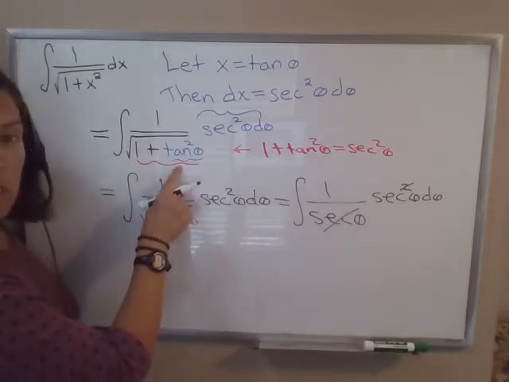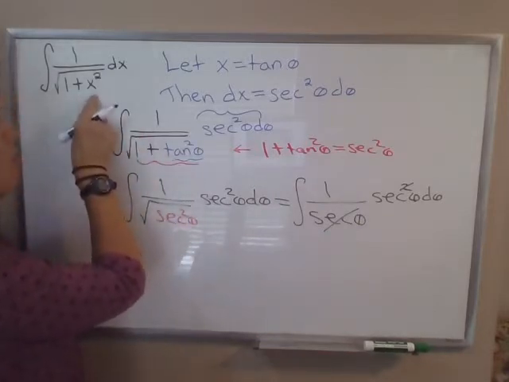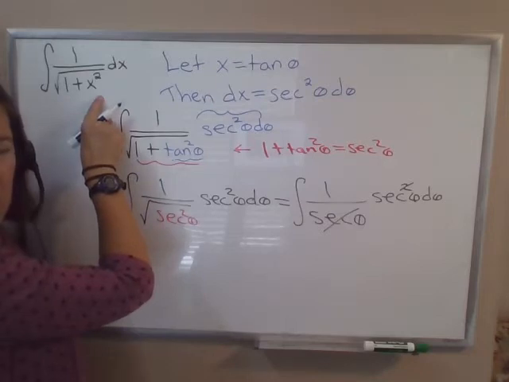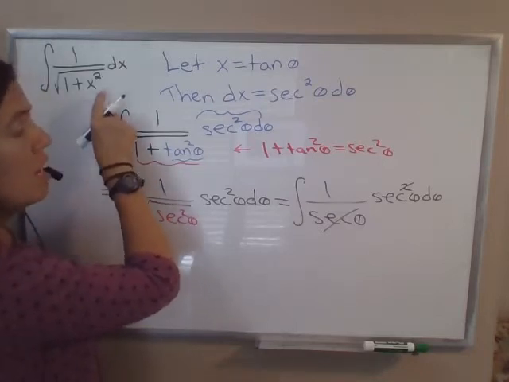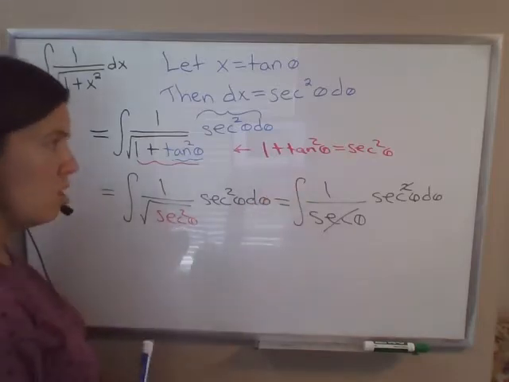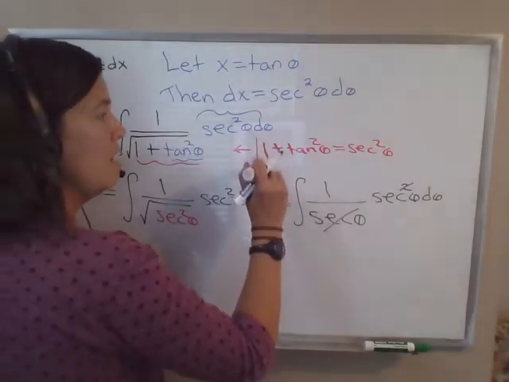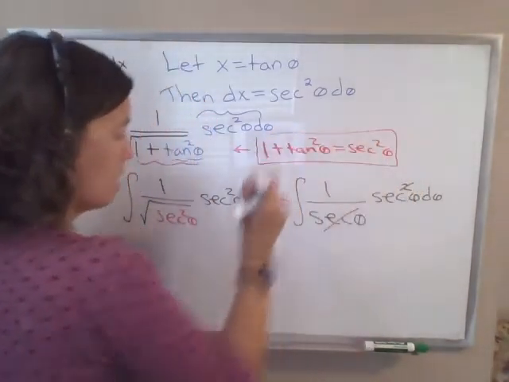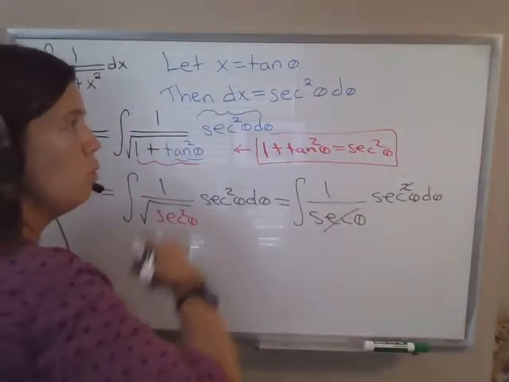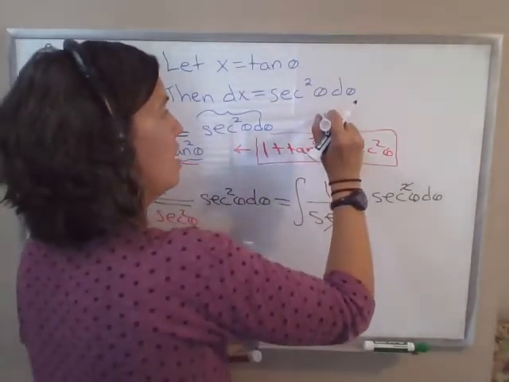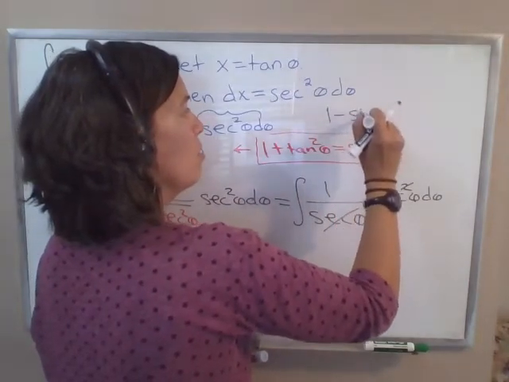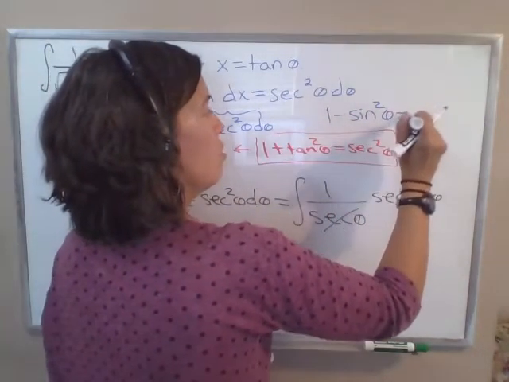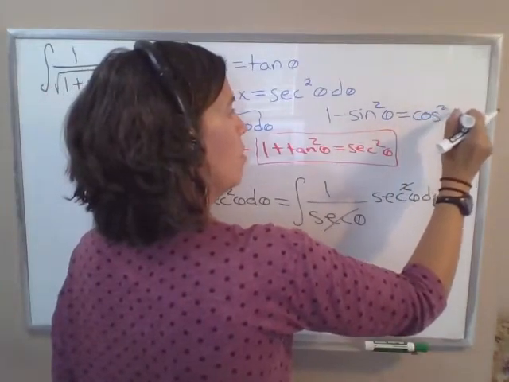So the advantage of trig substitution is when you have a sum or a difference that you're stuck with, that's kind of locking up your ability to integrate an expression like this. The idea is to take advantage of these trigonometric identities. So this is one of them. Another one that you will use with trig substitution is 1 minus sine squared theta is equal to cosine squared theta.